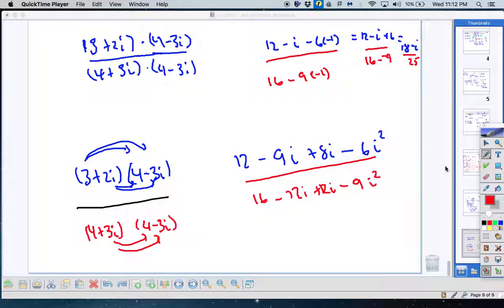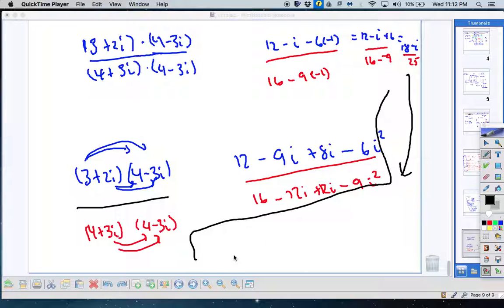So I'm going to go ahead and rewrite that down here so we can see it. Okay, so what I have up there is 18 minus i on the top, and I have 25 on the bottom. Now we want this to be as a complex number, so this one's going to have fractions involved, and that's okay.